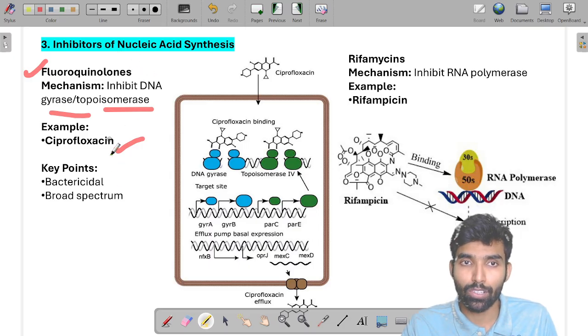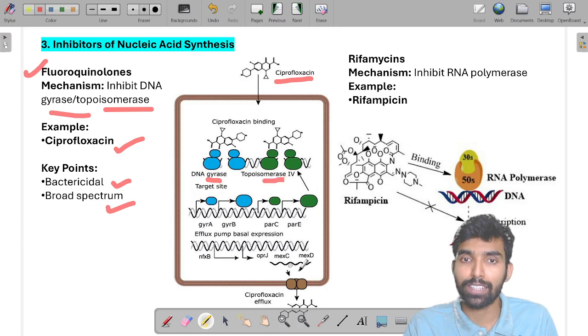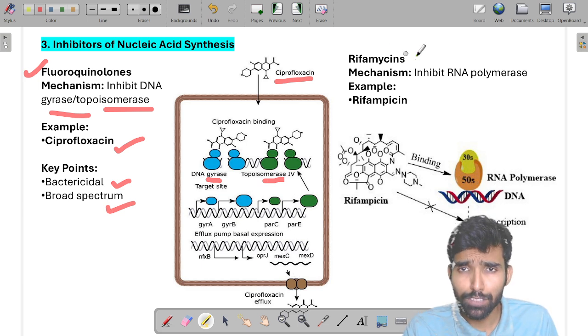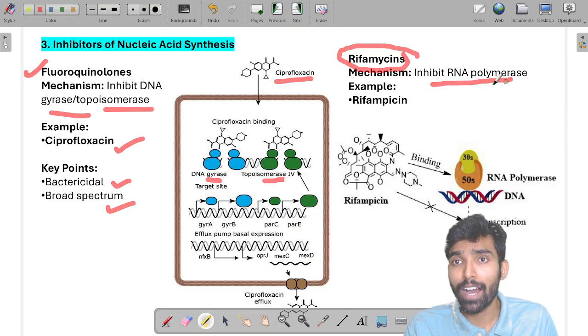That is also bactericidal, and it is also broad spectrum. If you observe here, this is ciprofloxacin. Ciprofloxacin binds with DNA gyrase, topoisomerase, and now these are unable to conduct DNA replication. Finally, the bacteria will die. Another beautiful antibiotic is called rifampicin or rifamycin. They inhibit the RNA polymerase, majorly the beta subunit. They block this beta subunit.